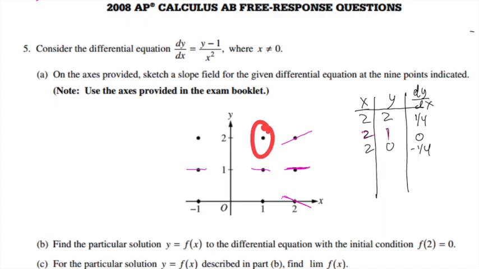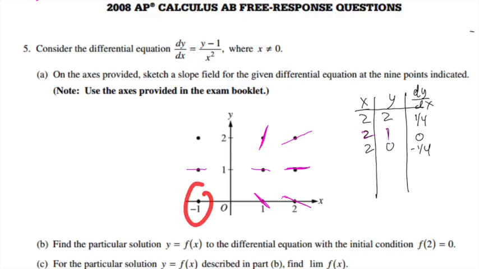Now, if I plug in 2, comma 2, that's going to give me a slope of 2. If I plug in 1, comma 0, that's going to give me a slope of negative 1.